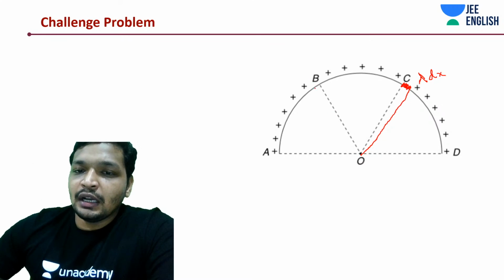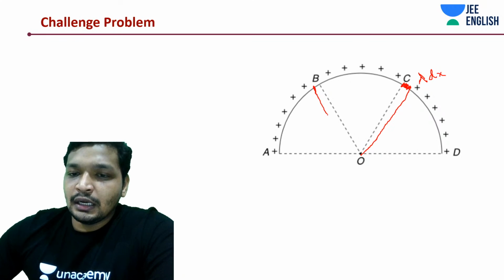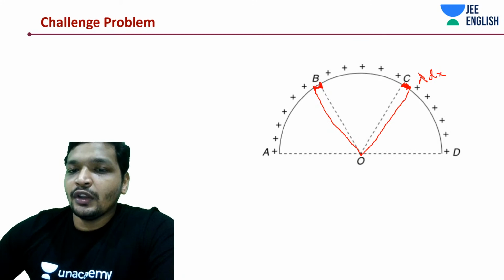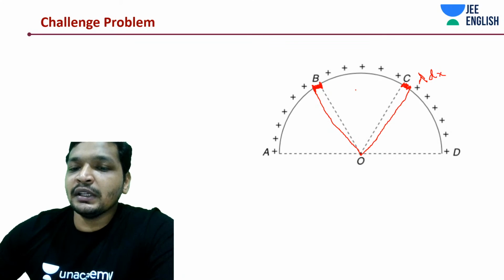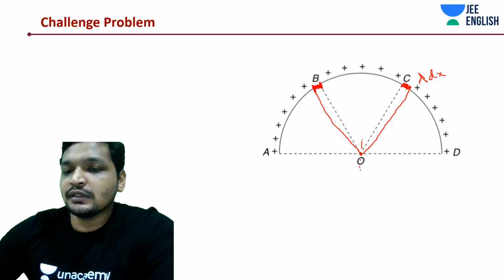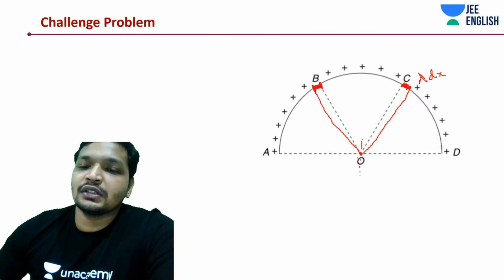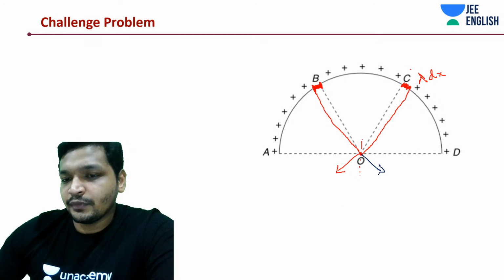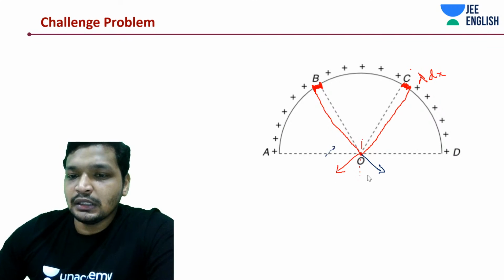If we take a symmetrical element somewhere over here, and let's say that we need to assess the field, you'll notice a very interesting thing. This is only applicable when it's at a symmetrical point, as we discussed earlier. Even in the earlier cases, we noticed it's all symmetrical, then it's applicable. The field due to this point C will be like this, and due to B will be something like this.